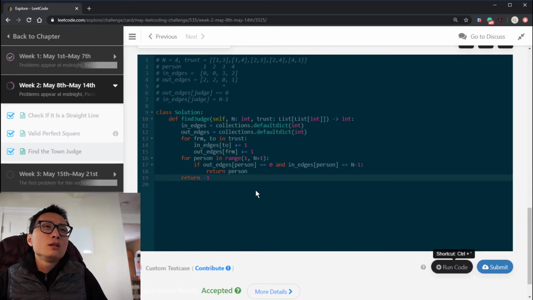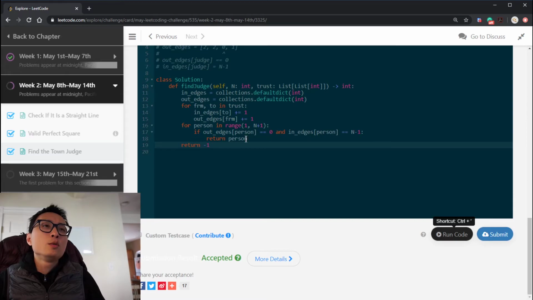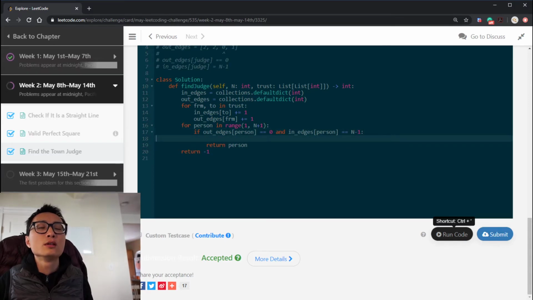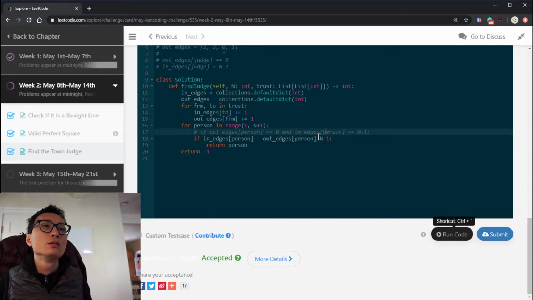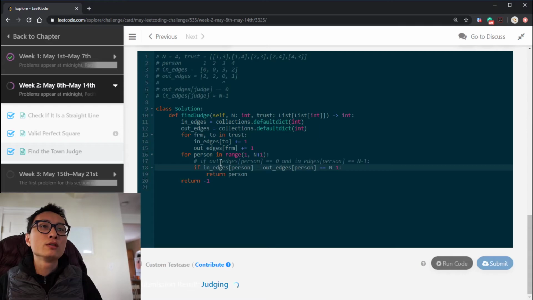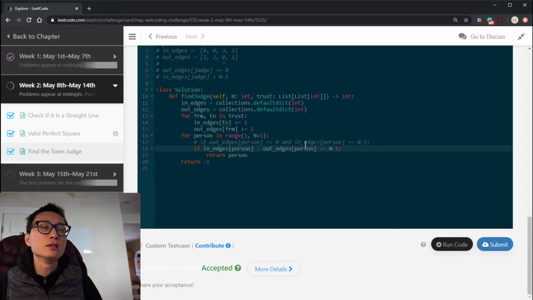And I guess a little optimization can be done here: this can be simplified a bit so that the difference between the incoming edges and outgoing edges has to be n-1. This should work as well, because you're testing the two equalities with the AND.